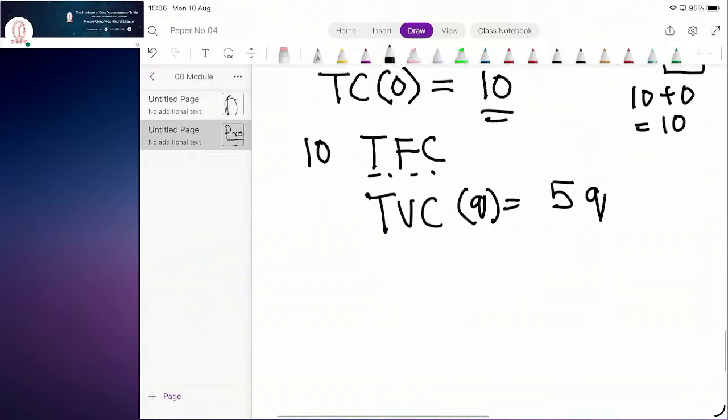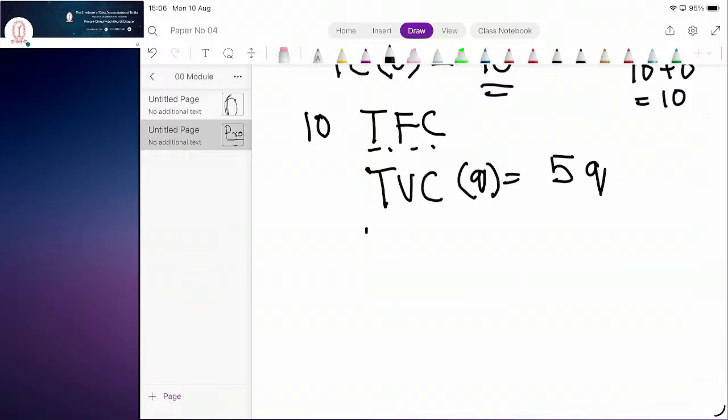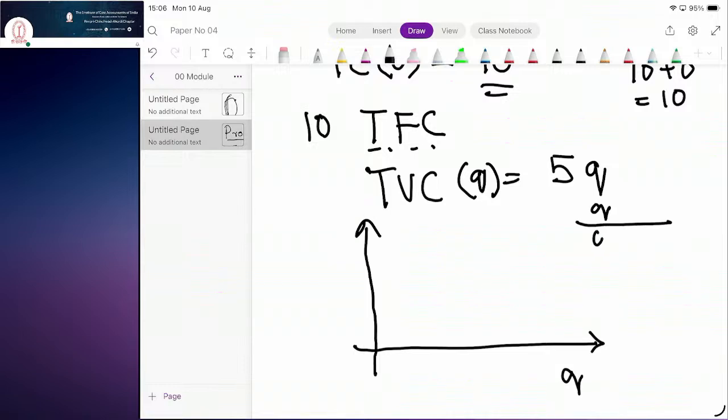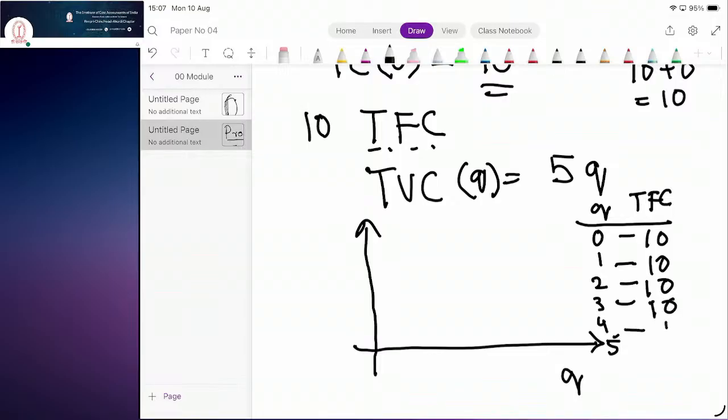Okay. A very good exercise. All of you take 5 minutes and plot this. Take Q equal to 0, 1, 2, 3, 4, 5. Plot TFC. TFC is 10, which remains unchanged. Draw the graph of TFC. How will it look?